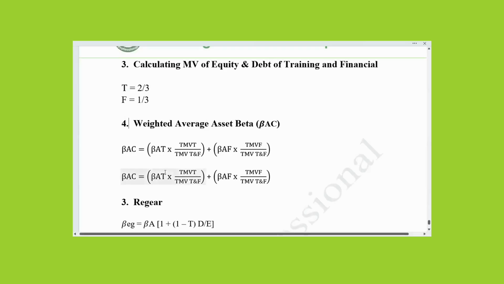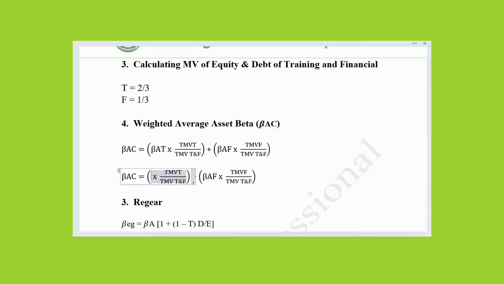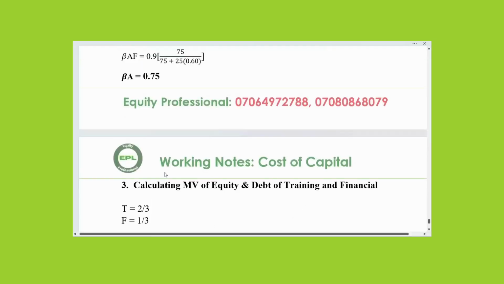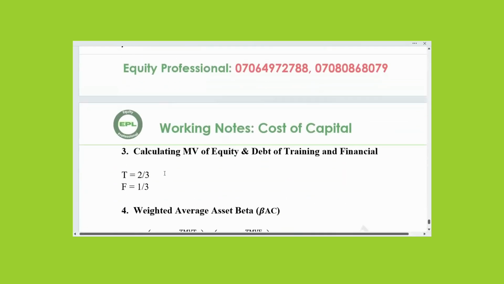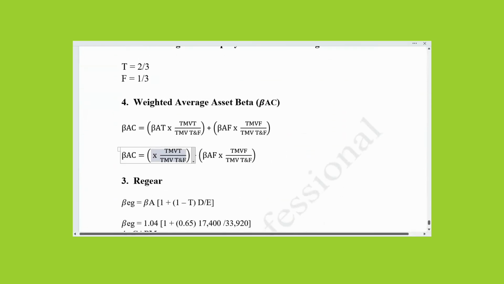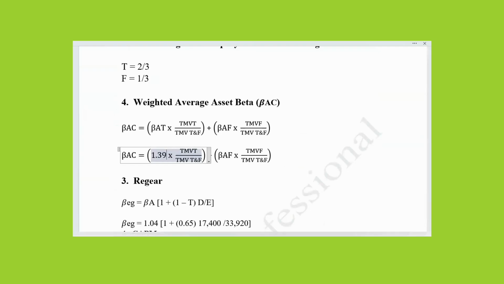So the beta asset of training service, we calculated 1.39. That's 1.39 multiplied by market value of training. Examiner told us that market value of training is 2/3.